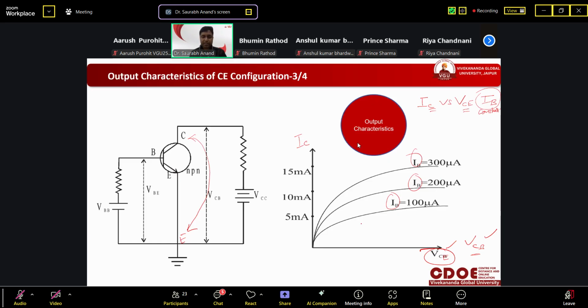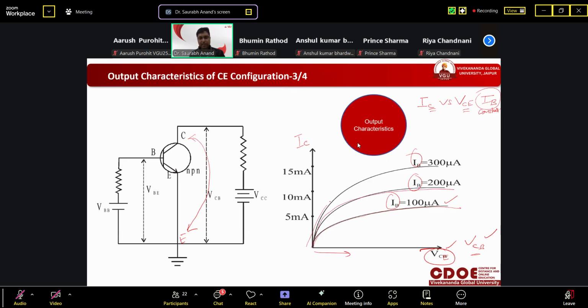So what we have done is fixed the value of IB at 100 microampere and increased VCE. At a low value of output voltage, the current is increasing, but after some time it is constant. Again it is constant.